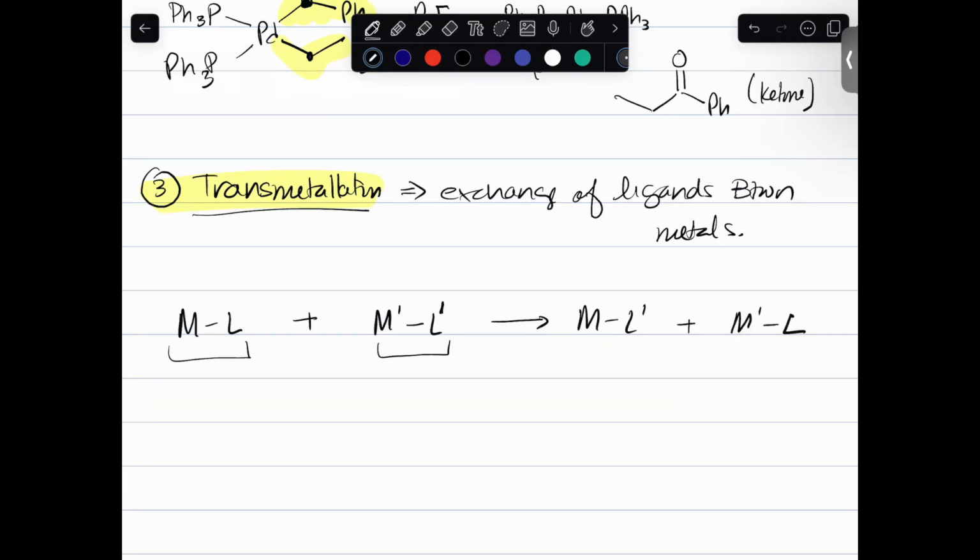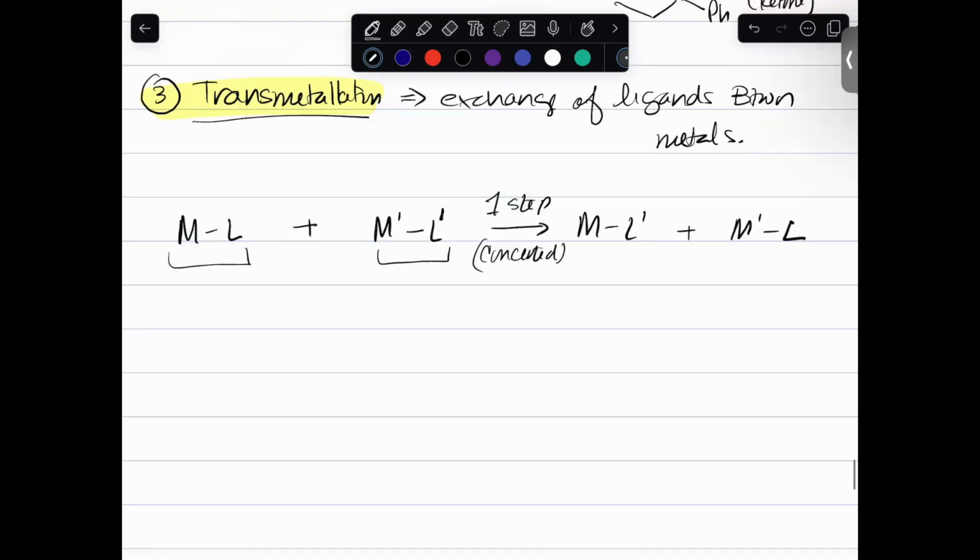Now the mechanism is thought to be one step, i.e. concerted, with agostic bonds as well, in where they're thought to line up. And so if you notice, they're fully lined up with each other to start forming and breaking bonds.